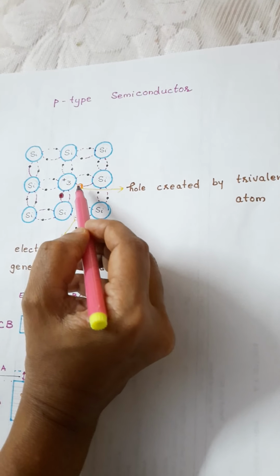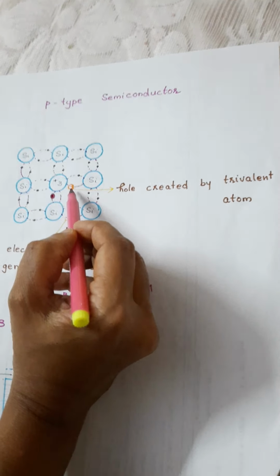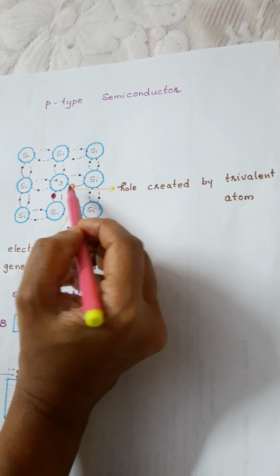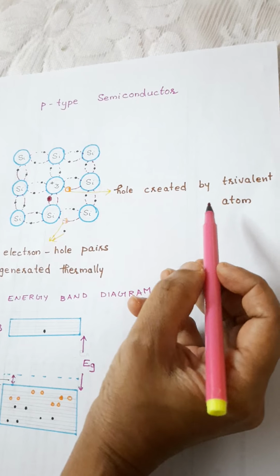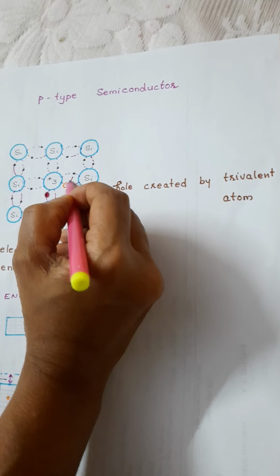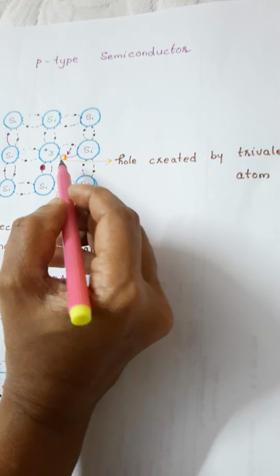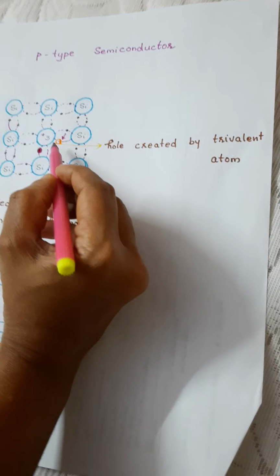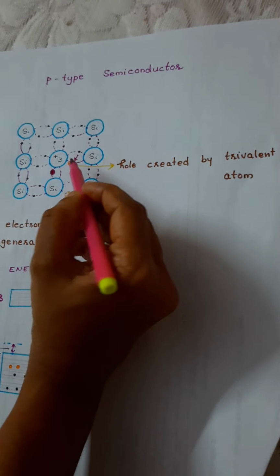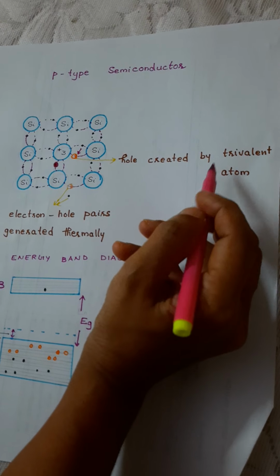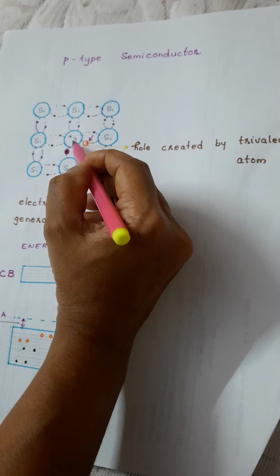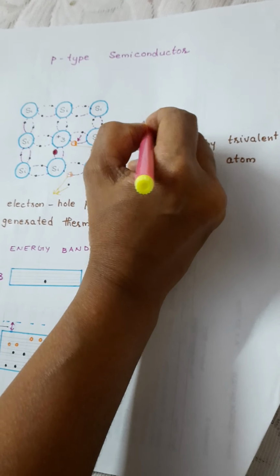But there is a vacancy in the 4th bond, or a hole is created in the 4th bond. And this hole is created by the trivalent atom. But this hole can accept electrons. So the holes can also participate in conduction. So there are holes created by trivalent atom, and as it can accept electrons, the impurity atom is known as acceptor atom.